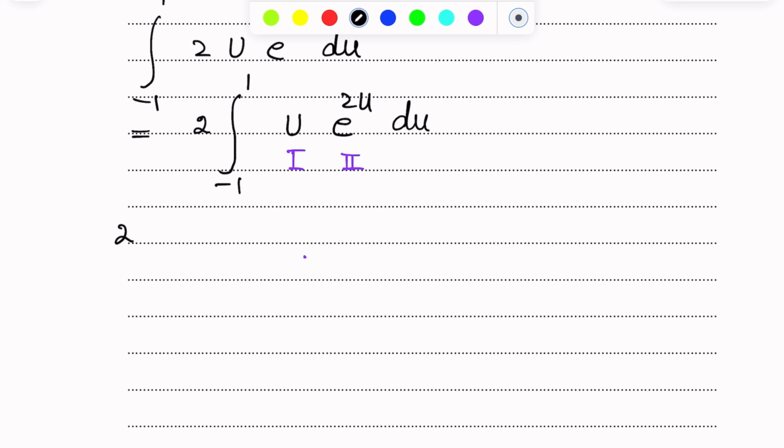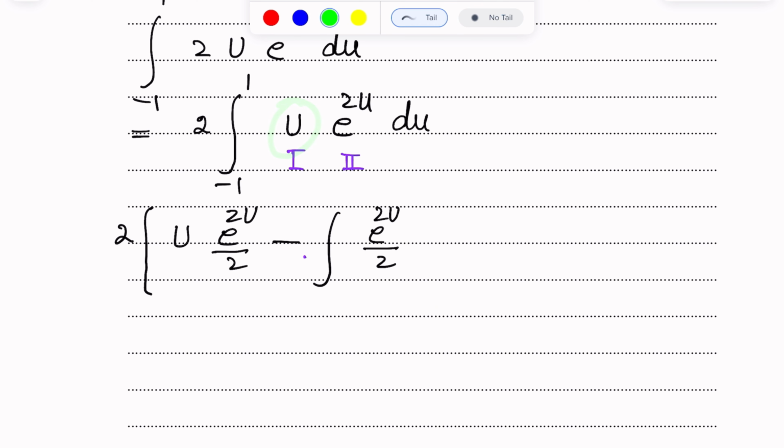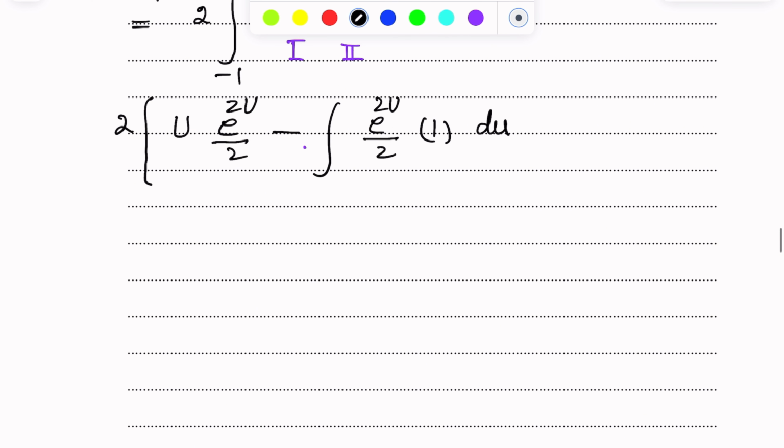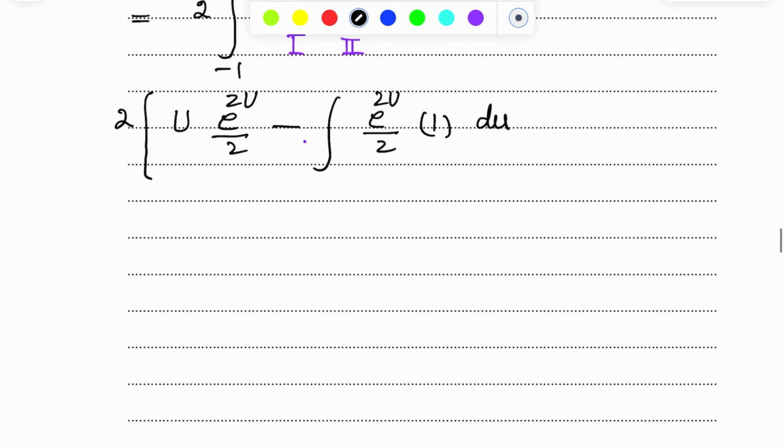So 2 within bracket: first function is u, integration of second function e^2u over 2, minus the integral of e^2u over 2 times the derivative of the first function, that is 1, differentiation of u with respect to u is 1, with respect to u. Now we will take the integration of this.